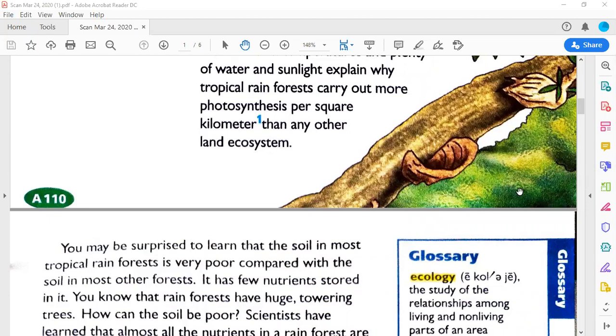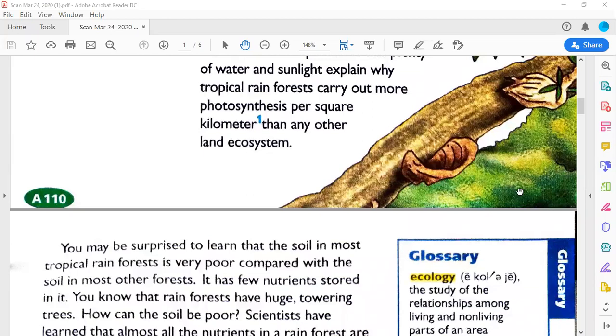You may be surprised to learn that Colombia's tropical rainforest soil is very poor compared to temperate forest soil. It has few nutrients stored in it. You know that rainforests have huge towering trees.